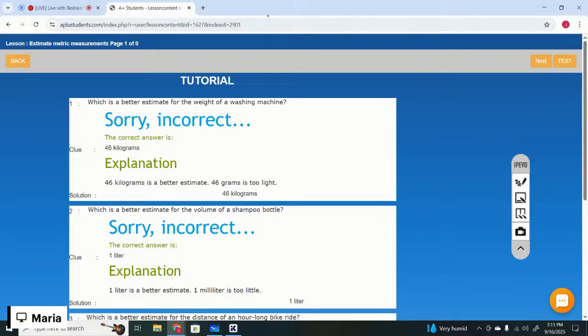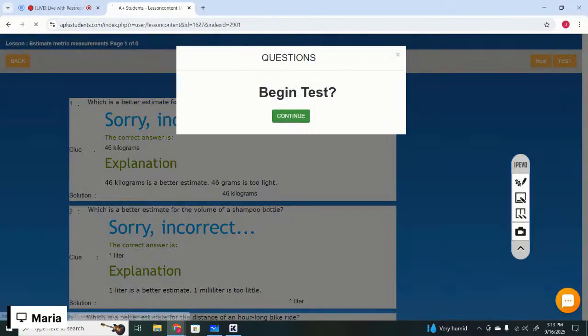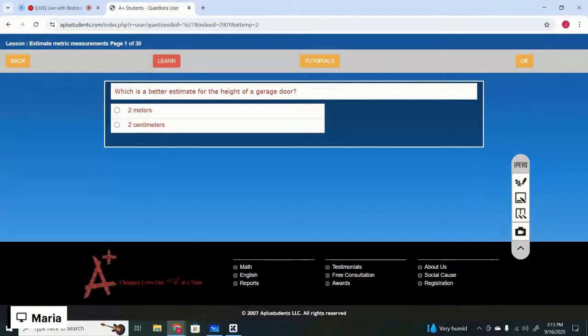Let's just start with the test questions. Which is a better estimate for the height of a garage door? It would be 2 meters. Option number 1 is the correct option.